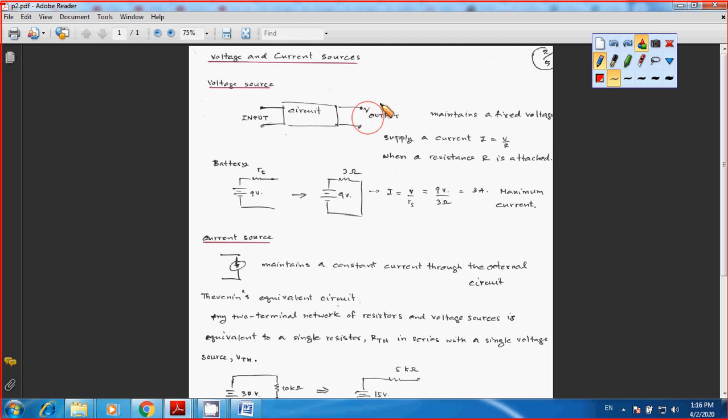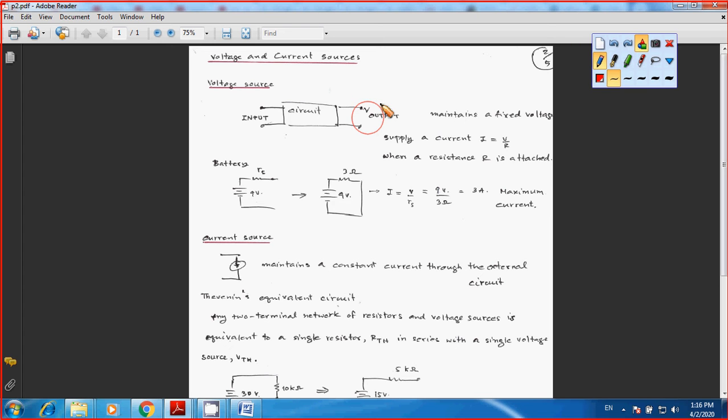When a load is attached to your output, sometimes your output voltage is going to drop, and you don't want that to happen.